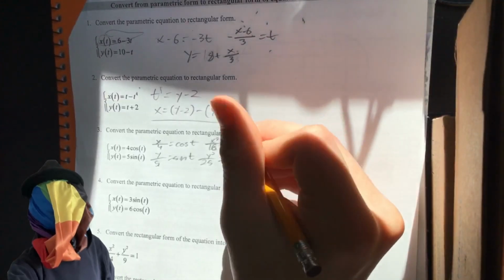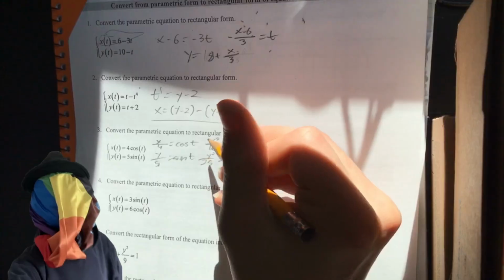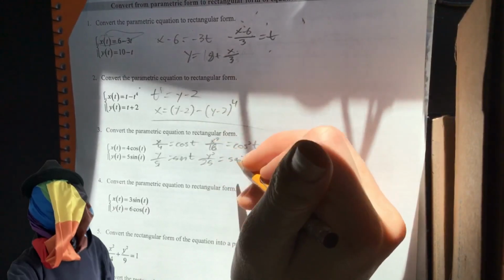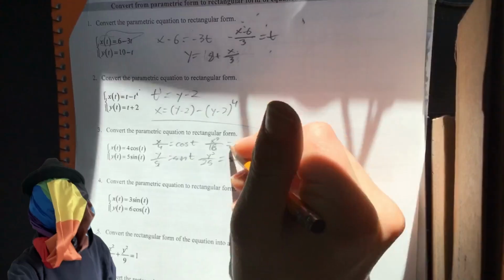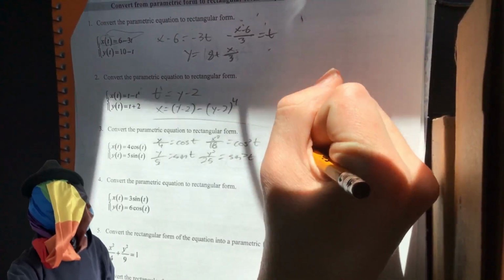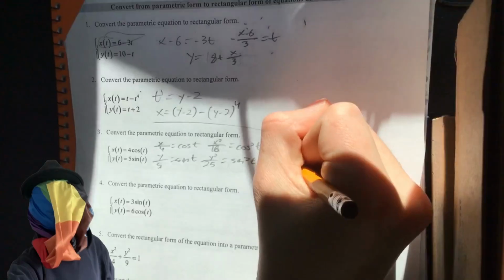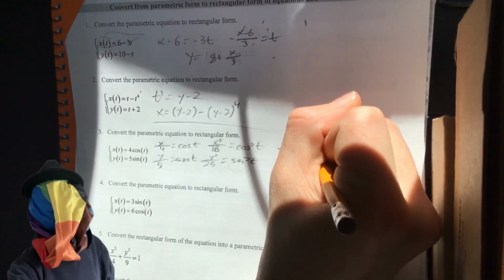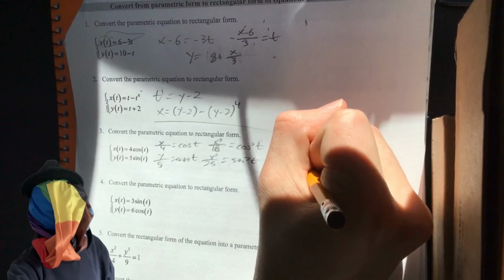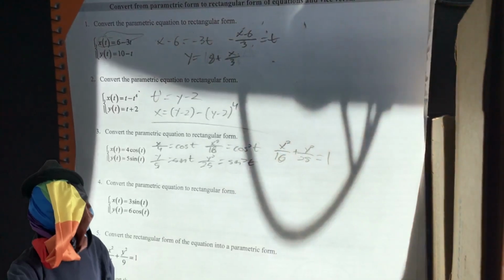And then we can add them together. Since these added together equal 1, x squared over 16 plus y squared over 25 equals 1.